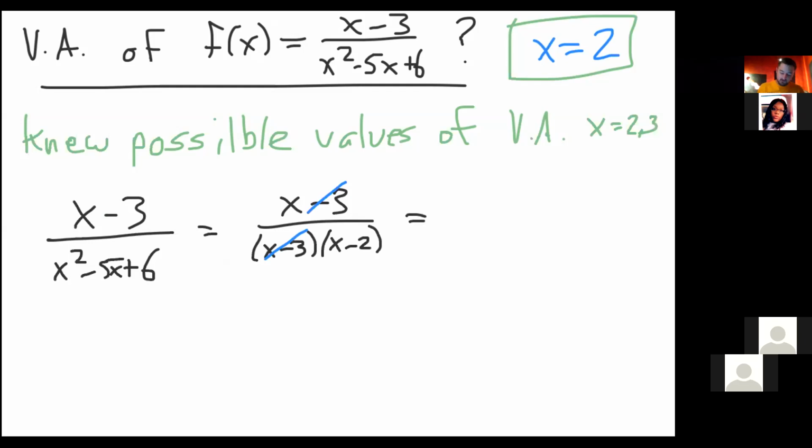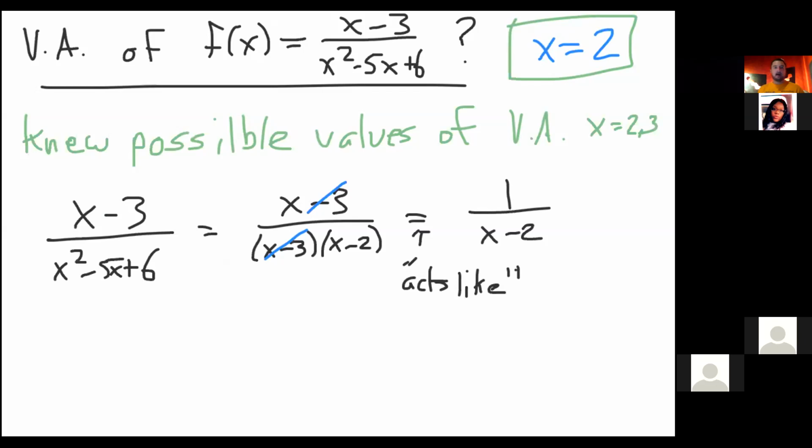Which means, and this is one of the things I like to do, is write this last equality whenever we cancel out factors, that our original function is going to act like 1 over x minus 2. It doesn't have an x minus 2 factor in the numerator that's going to keep this in check.